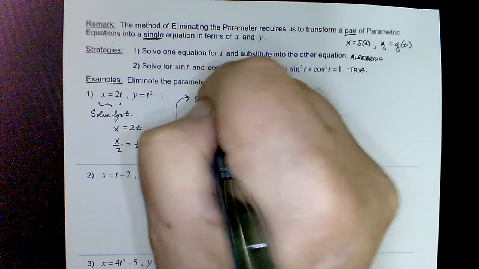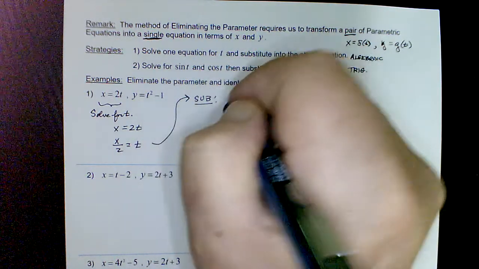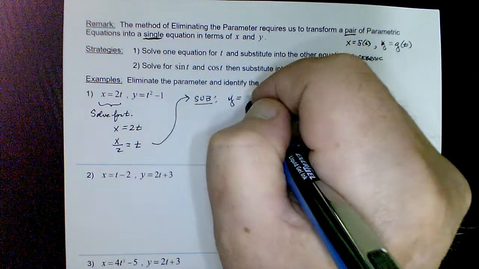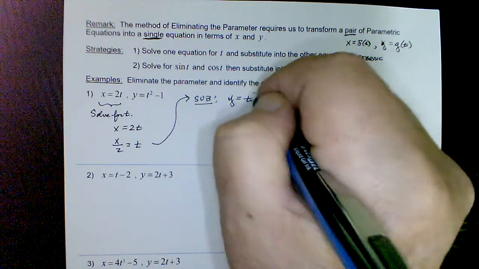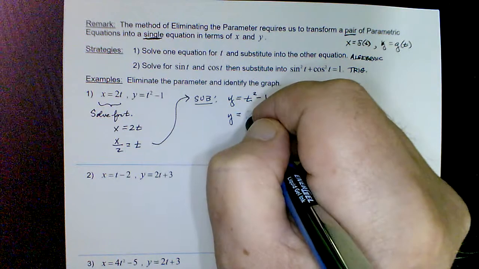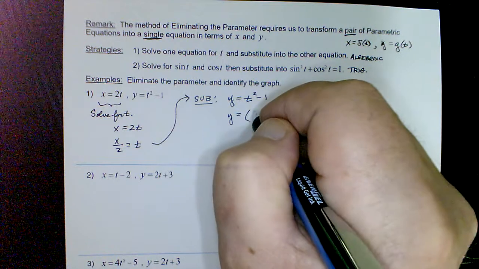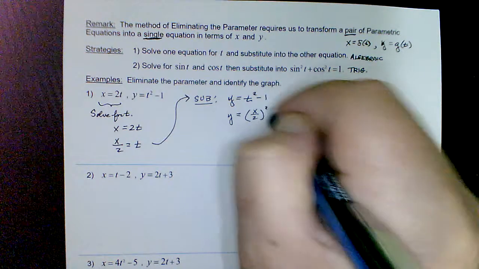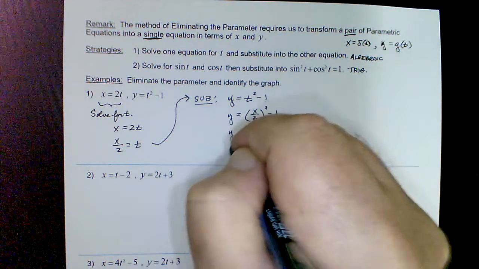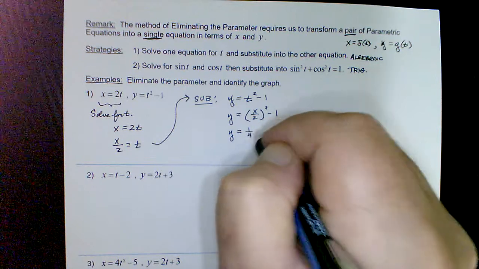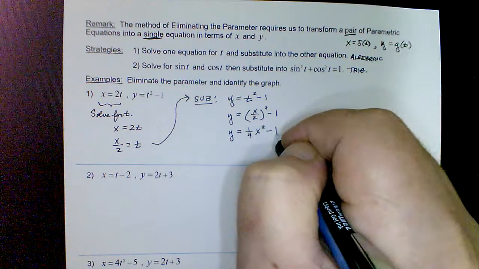And then we're going to substitute that expression for t into the other equation. So y equals t squared minus 1 becomes y equals t is x over 2, quantity squared minus 1. That would be x squared over 4, or I'll write 1/4 x squared minus 1.